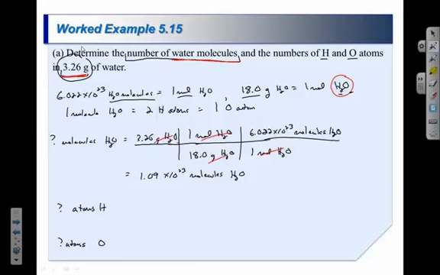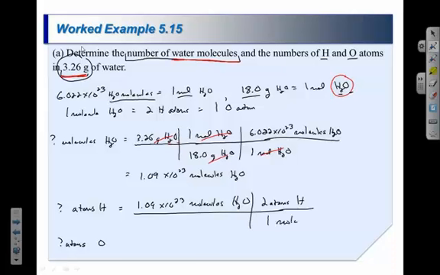So if I want to know how many hydrogen atoms I have in this number of molecules that I've determined I have, then I just use that relationship, 2 atoms of hydrogen in every 1 molecule. So now the molecules cancel, and I would have my answer when I multiply that by 2.